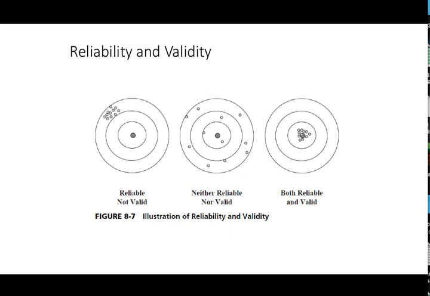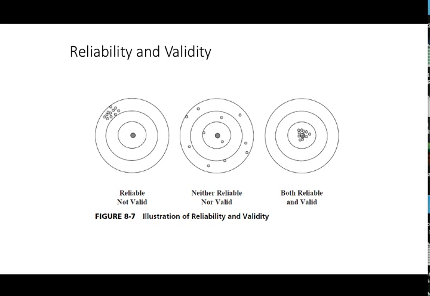However, all of your arrows are off to the upper left-hand side, clustered in an area. They're very reliable. Every single time you shot, you were really close and within a similar area, but you weren't accurate. So you were consistent, but not accurate. The difference between where the bullseye is and where you actually hit is an example of error or bias. This could be random error, or it could be a systematic bias embedded in the measure, whatever it is.